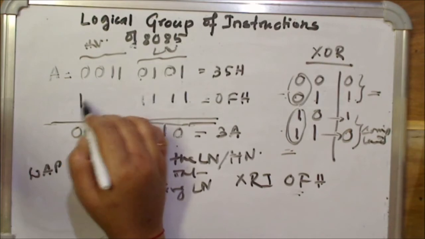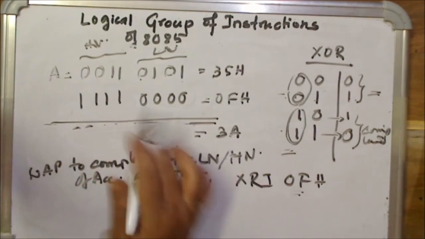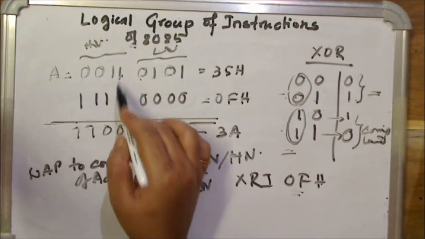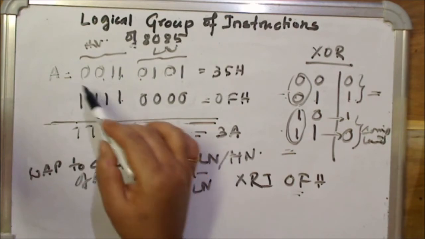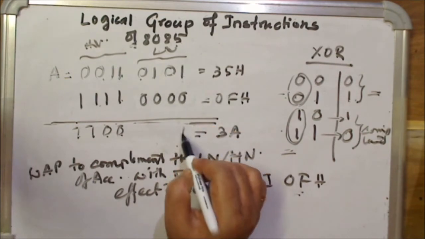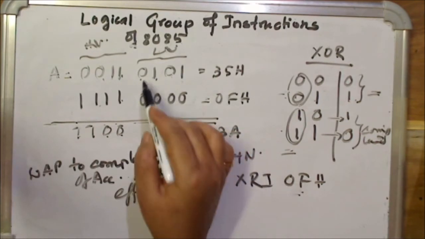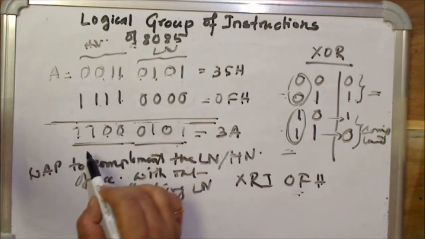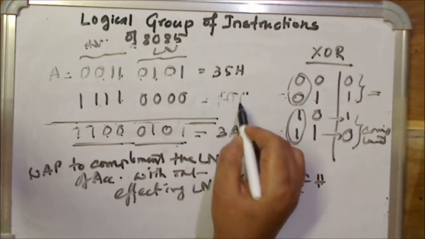Here you would XOR the higher nibble with 1 and the lower nibble with 0, so the higher nibble gets complemented. 1 XOR 1 is 0, 1 XOR 1 is 0, 0 XOR 1 is 1, 0 XOR 1 is 1, and 1 XOR 0 is 1, 0 XOR 0 is 0, 1 XOR 0 is 1, 0 XOR 0 is 0. So the lower nibble is unaffected and the higher nibble is complemented. That is your answer. Your operand is F0H.